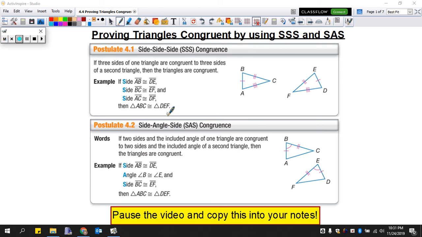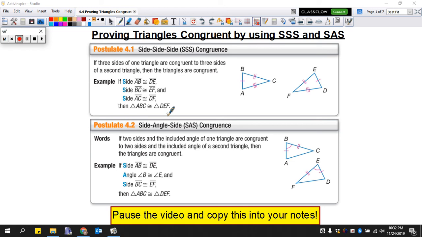So basically what the side-side-side congruence says is that if three sides of one triangle are congruent to three sides of a second triangle, then the triangles are congruent. Obviously that makes sense, because if the two triangles are the same size, then they're congruent.